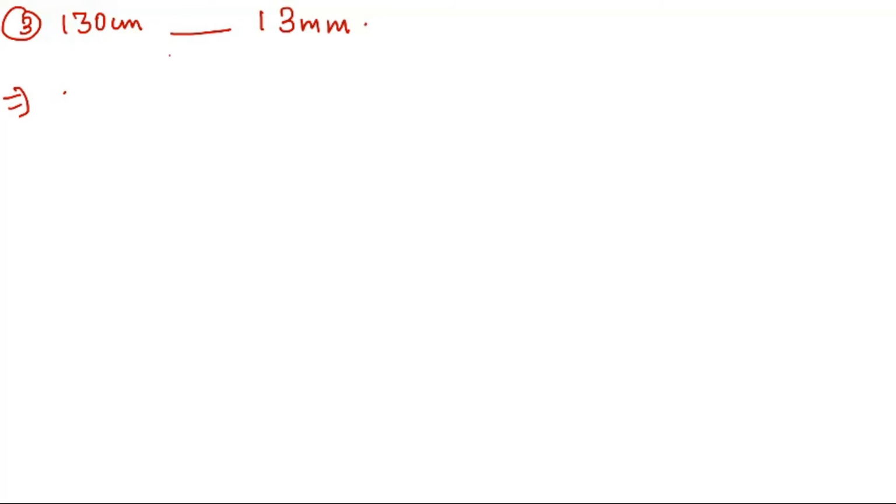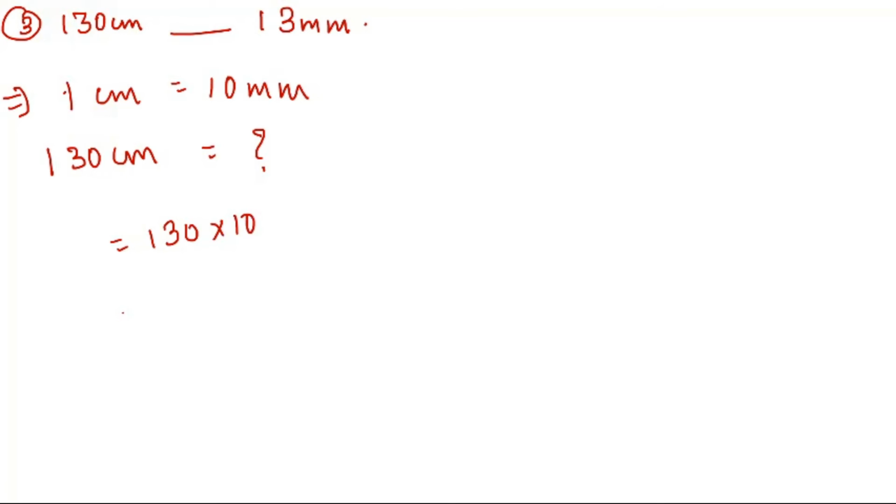So 130 centimeter is equal to how much? 130 multiplied by 10 is equal to 1300 millimeter. So 1300 is greater or 13 is greater? 1300 millimeter is greater than 13 millimeter. Okay.